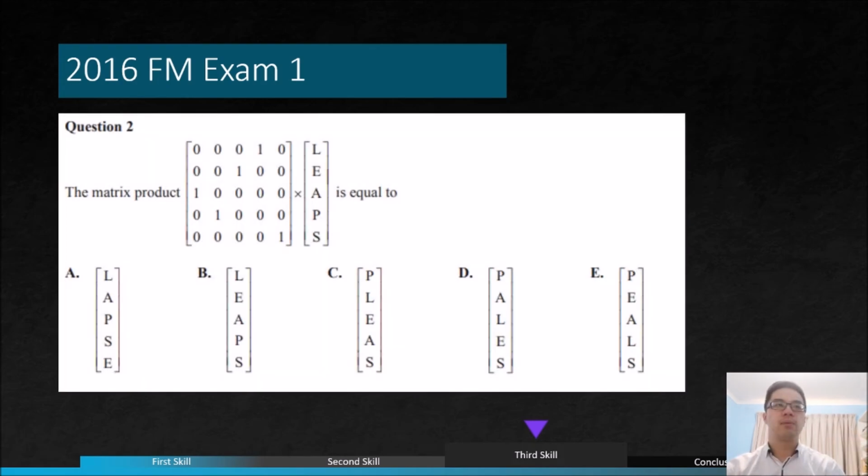2016, Further Maths Exam 1. Matrix product that multiplied by leaps is equal to what?